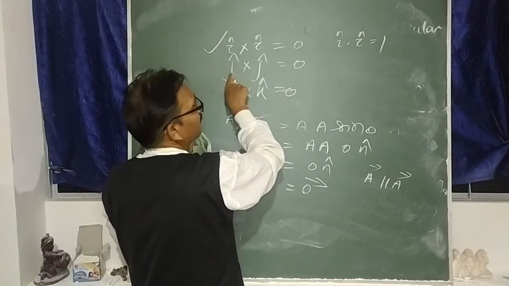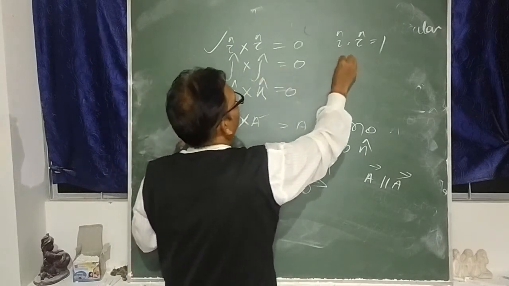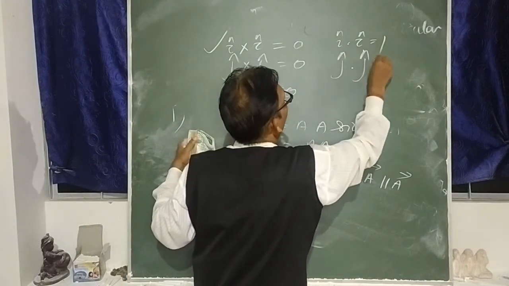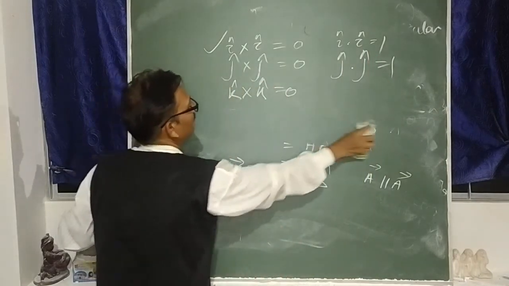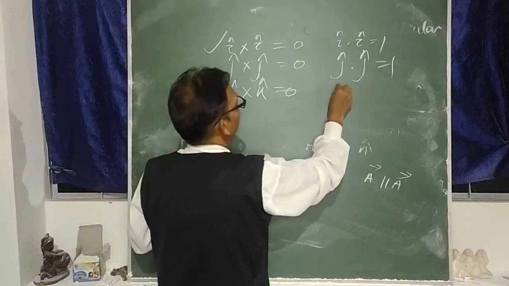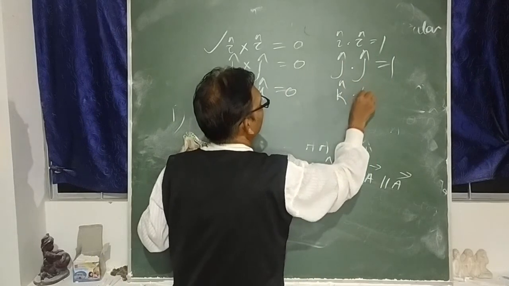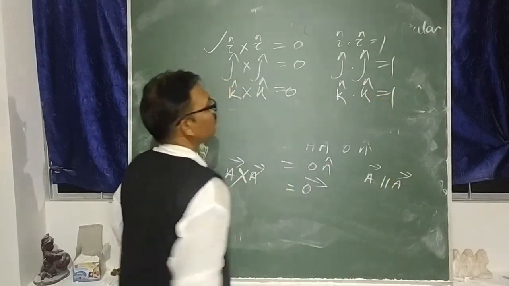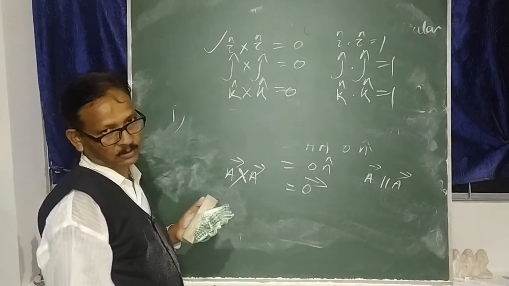Similarly, J cross J is equal to 0, but J dot J is equal to 1. Similarly, K cross K is equal to 0, K dot K is equal to 1. This is the property of a dot product and a cross product.